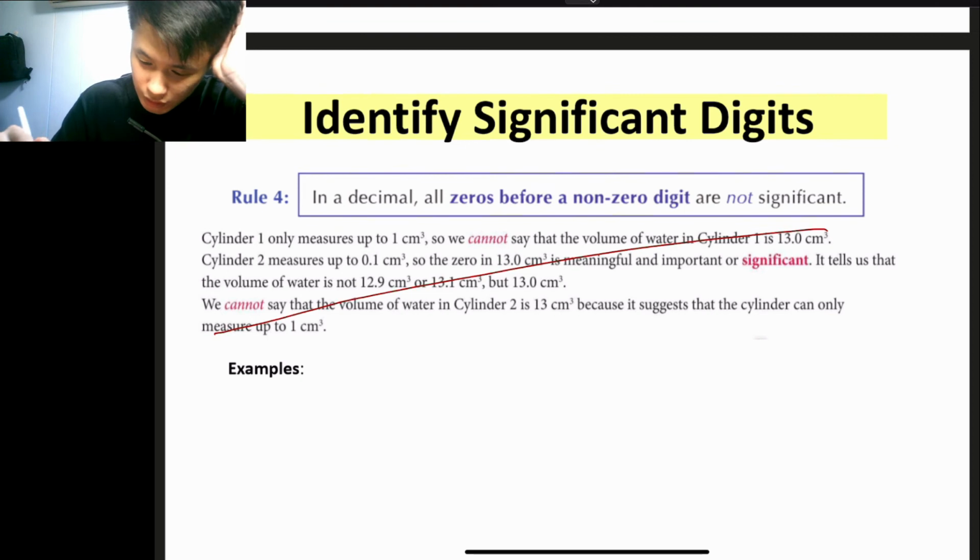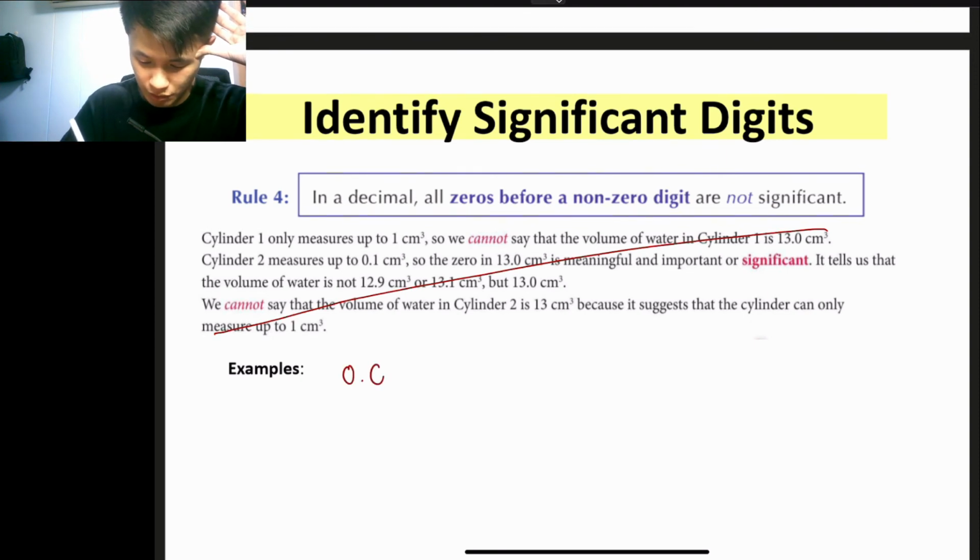Some examples would be 0.046. In this case, these zeros are not significant; you count the first significant figure from the non-zero digit. So there are 2 significant figures.